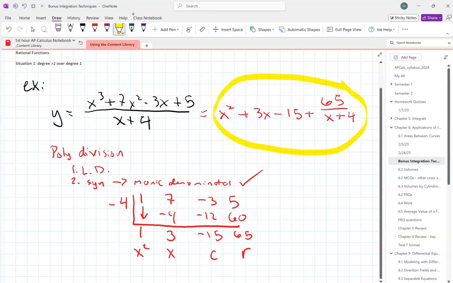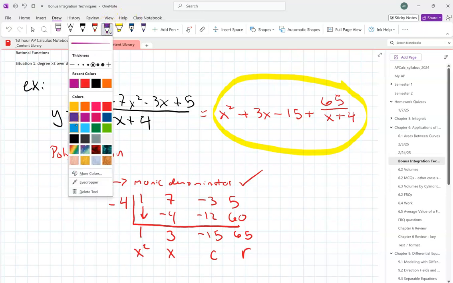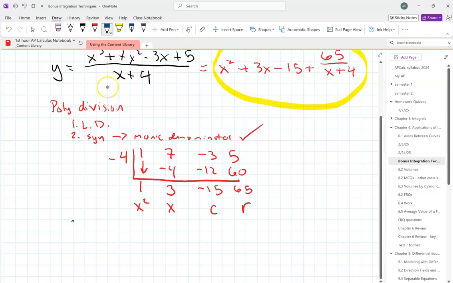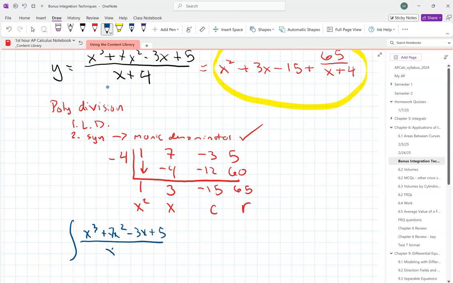So can I integrate this as it's currently written? That's a big 10-4. That I can handle. So again, if we had the integral of this guy, we can rewrite it as the integral of this.